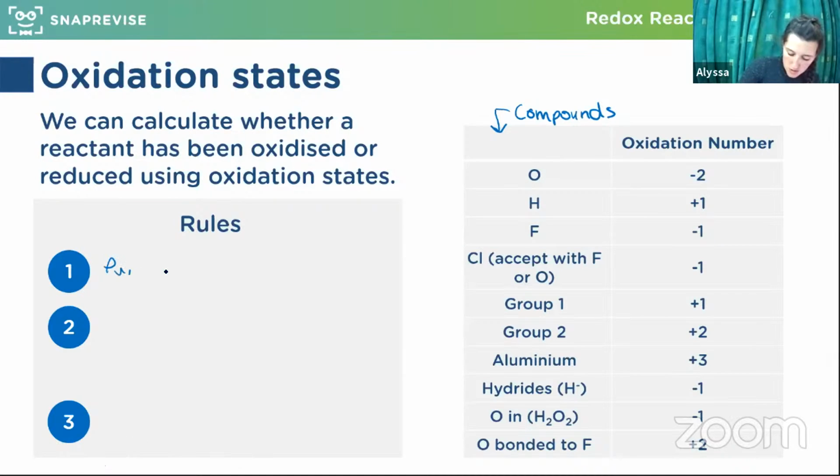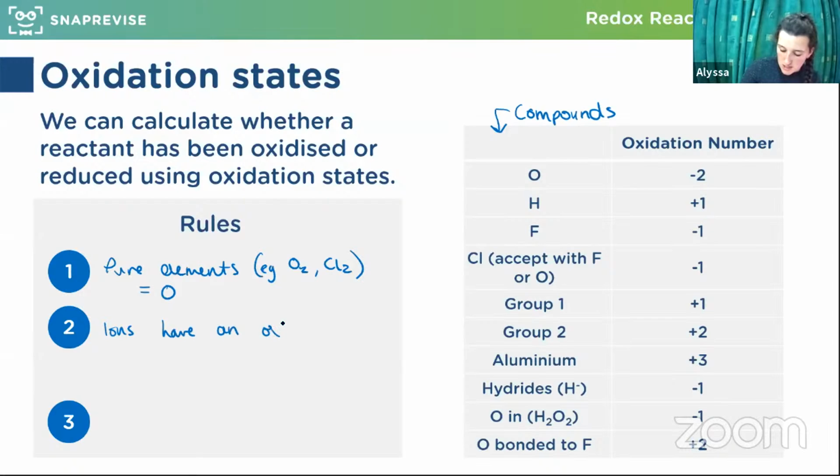So we've got pure elements, for example, O2, Cl2, etc. Always equal 0. We've got ions have an oxidation state equal to their charge.